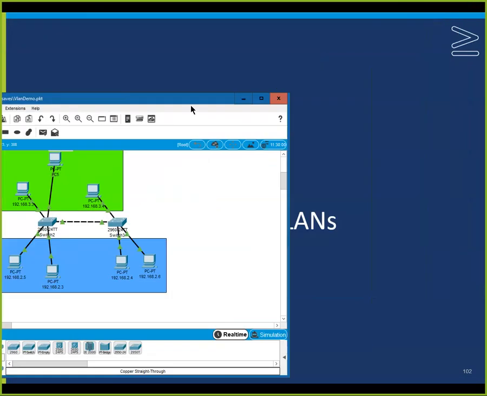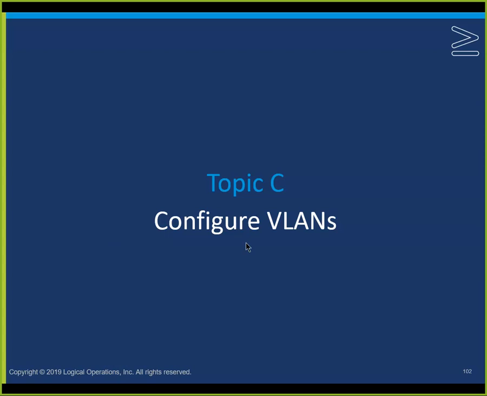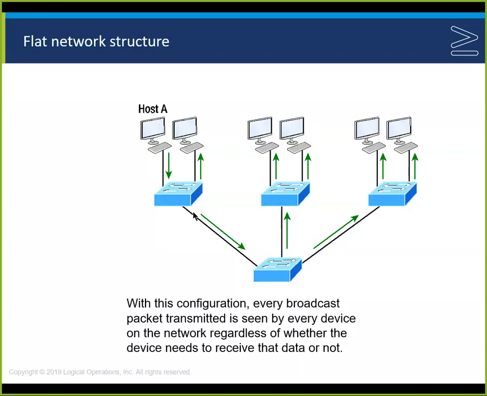Let me just get this out of the way now that we're off of the first slide here, the flat network structure. This is the standard that we have, and this is the broadcast that we saw earlier. With this configuration, every broadcast packet transmitted is seen by every device on the network. Why is that significant? We don't have any isolation from the broadcast.